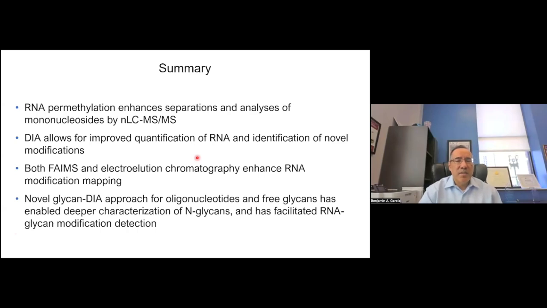That has been very useful and has also given us enhanced data along with the DIA work, which allows us to improve quantification and identify potential novel modifications on RNA. We've been playing with separations, both ion mobility and this new electroelution chromatography, to enhance RNA modification mapping. This is opening up new biology, especially on the side of glycoRNAs.